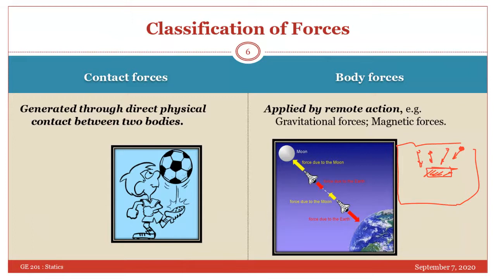Here also the magnet is not physically touching them, but it is applying the force, and because of that they are coming towards it. So these are also body forces. Okay. So based on whether the forces are physically touching or not touching, we have two types of forces: contact force and body force. Okay.